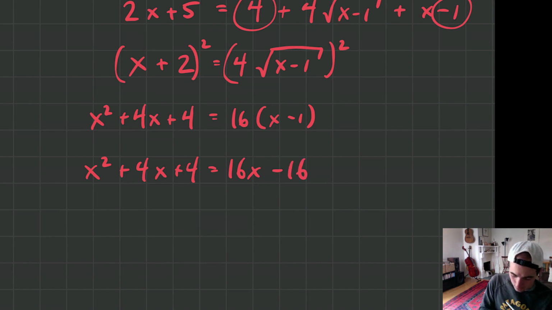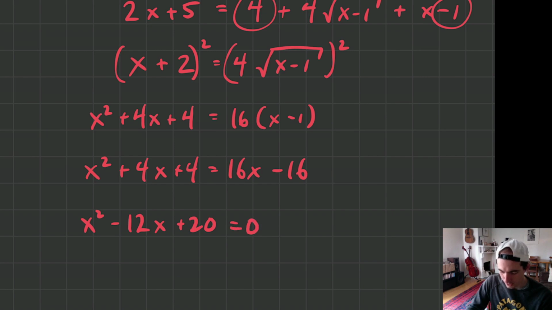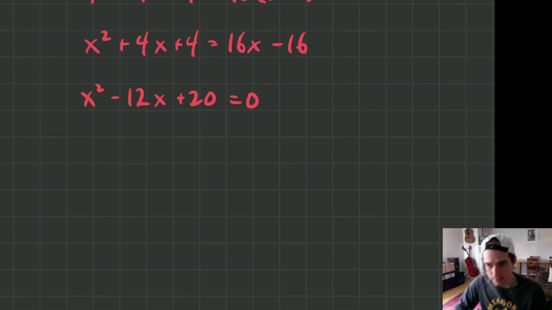I'm going to bring everything over to the other side. I'm going to have x squared. When I take the 16x to the left, I subtract 16x, so 4x minus 16x is negative 12x. And when I take this negative 16 to the other side, I'm going to add it, so I get 20. And that's all equal to 0. Now I can factor this.